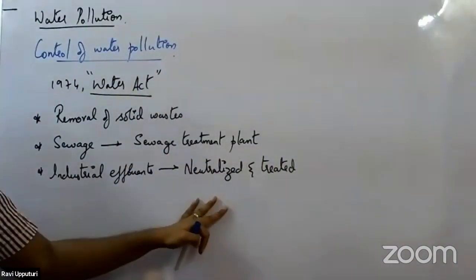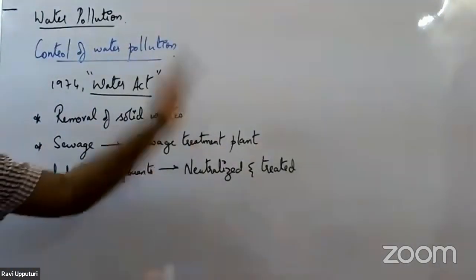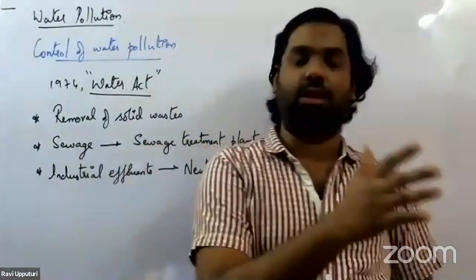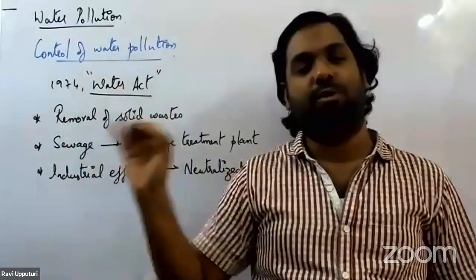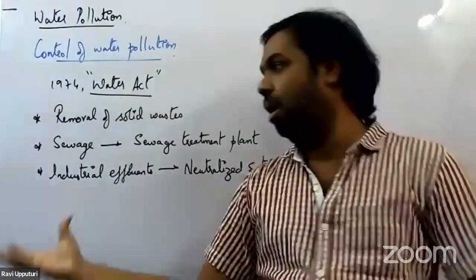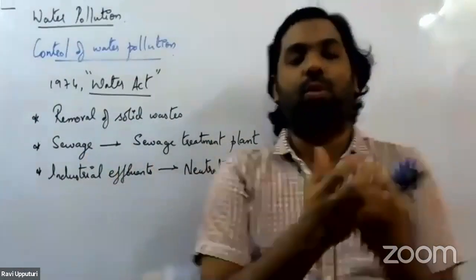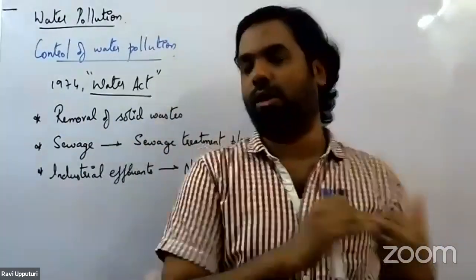Only upon neutralization of the toxic chemicals as well as the heavy metals, and once they are treated, only that treated water has to be sent out into the water bodies or into the streams. So all the industries have to strictly follow this process of neutralizing as well as treating the industrial wastewater before it is directly dumped or disposed into the water bodies.